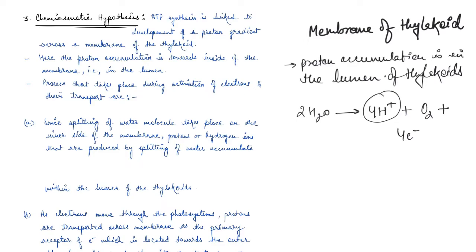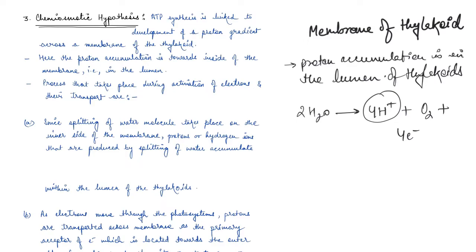That is why the molecule removes a proton from the stroma while it transports an electron. Now, when this molecule passes on its electron to the electron carrier on the inner side of the membrane, the proton is released into the inner side, the lumen, of the membrane.